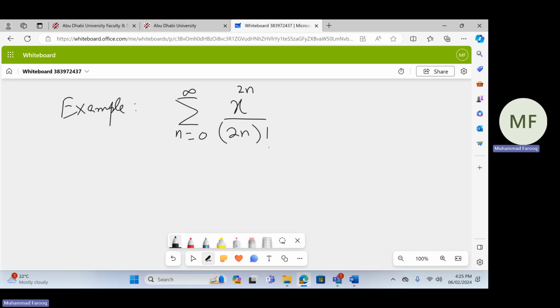So, ratio test. Yes, yes. Please check. Oh, yes. Is that a factorial? So, please someone, we need its answer. What is the output? Is it 0 or infinity? So which case? Maybe the third case, which is not 0, not infinity.